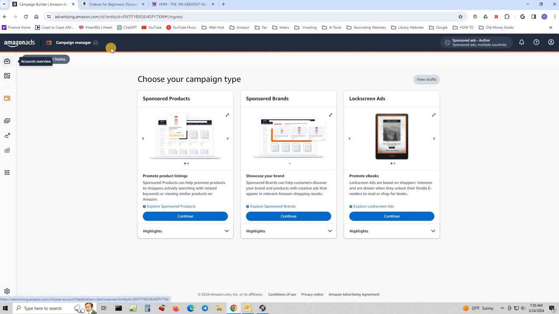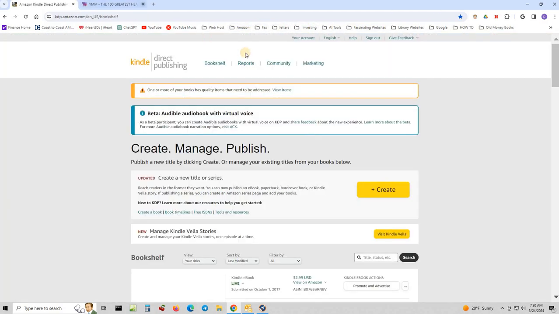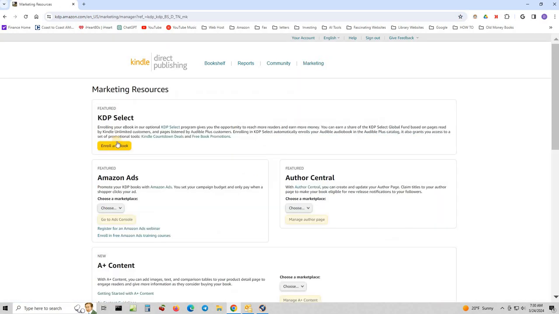All right, so that's it. Now you should be able to get started on your own ad campaign. When you go to your KDP account, when you click marketing, you may have to set up a marketing account. It's part of your same login, but it's like a separate area.